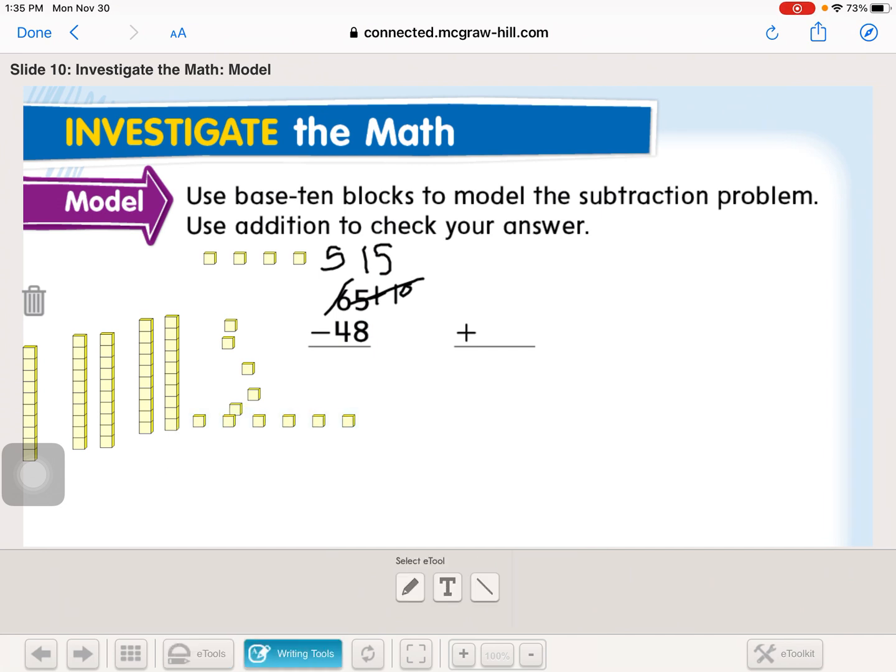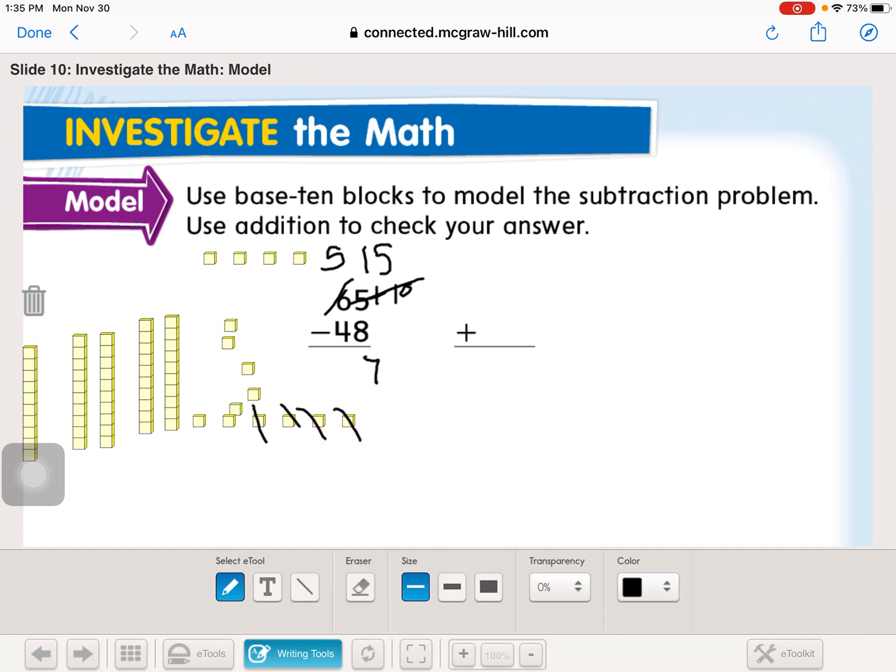And now I've got 15, so I can take away 8, which is 7. 1, 2, 3, 4, 5, 6, 7, 8 leaves me with 1, 2, 3, 4, 5, 6, 7. Perfect. I have 5 10s left, because remember I took 1 to break it apart. And I'm taking away 4. 1, 2, 3, 4, which leaves me with 1.